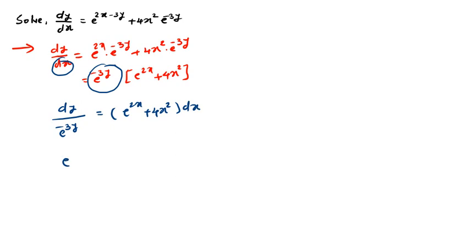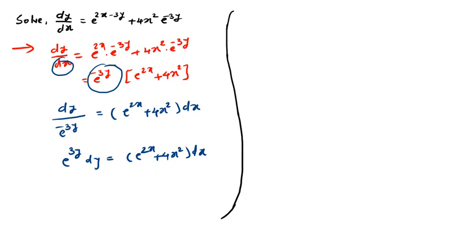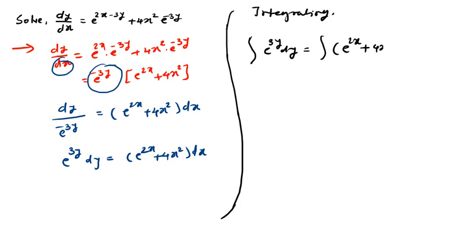We can simplify. E raised to minus 3y is in denominator, so it will be like e raised to 3y in numerator into dy equals e raised to 2x plus 4x square dx. Okay, this is now in variable separable form. So find its solution by integrating on both sides. So integrating on both sides, this will be integration e raised to 3y dy equal to integration e raised to 2x plus 4x square dx plus c.